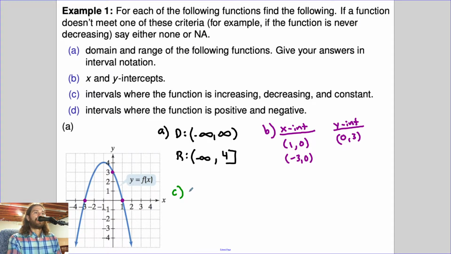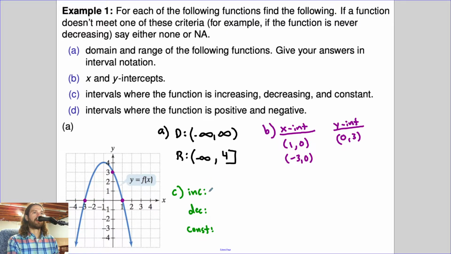Intervals where the function is increasing. So we'll do increasing, decreasing, and constant. Always talk about all of them. And where is it increasing? Increasing is if we're biking from left to right, where are we biking uphill? We're biking uphill here all the way until we get to negative 1. Those are the x values. Remember, I'm only interested in the x values where we're biking uphill.